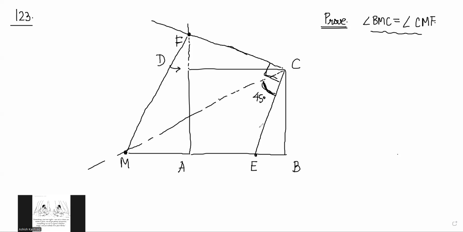Anybody getting anything? They have already given you some information about angle bisectors. They have told you that MC is angle bisector of FCE, right?